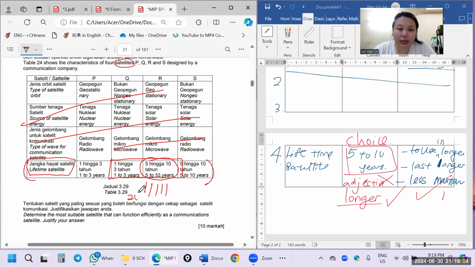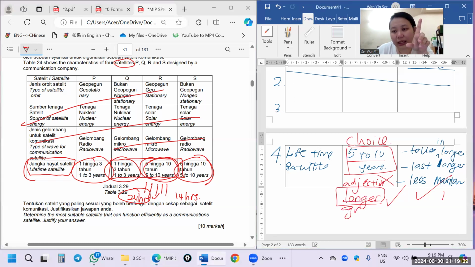Unless they say 24 hours. 24 hours is our Earth's day, 1 day for our Earth. This one is fixed already, so yes, you can write 24. But 5 to 10 years is not a fixed number, so please use the word longer. When you see a number in your choice, please write longer or greater, greater or lesser.